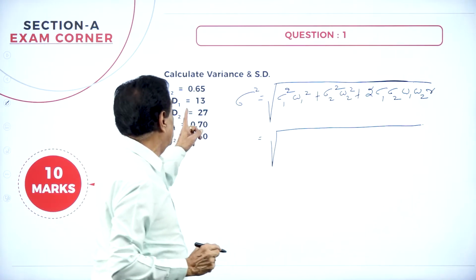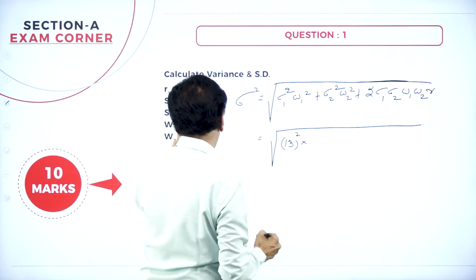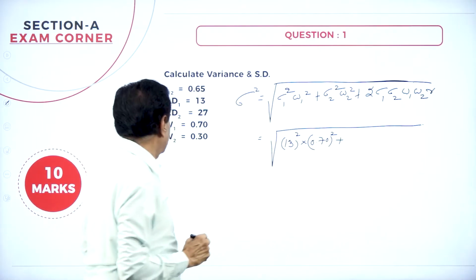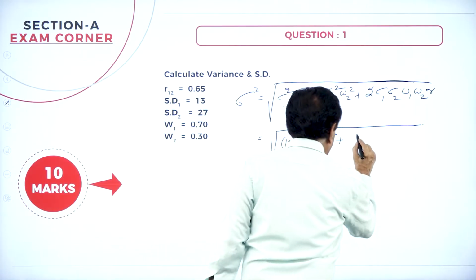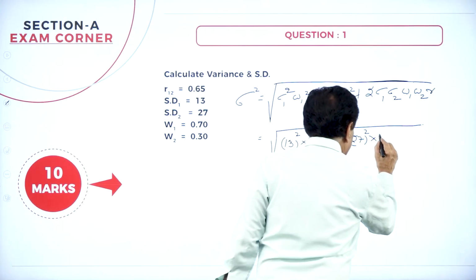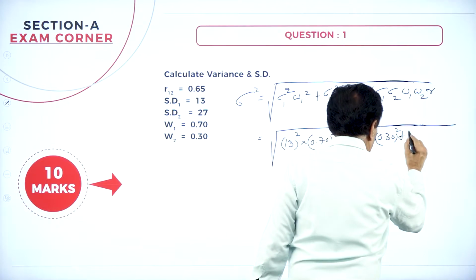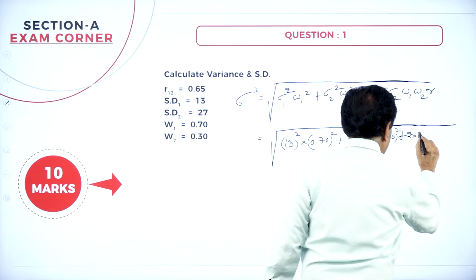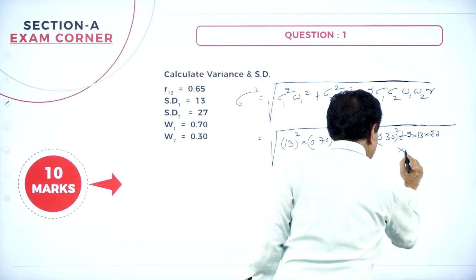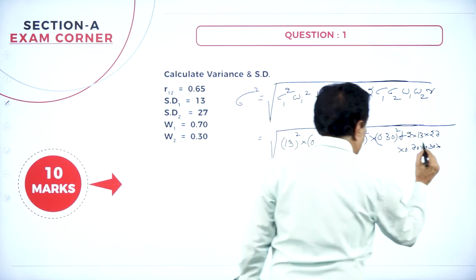What is sigma? Standard deviation 1 square, 13 square into weighted 1, 0.70 whole square, plus standard deviation 2 square, 27 square into W2, 0.3 whole square, plus 2 into 13 into 27 into 0.70 into 0.30 into R, which is 0.65.